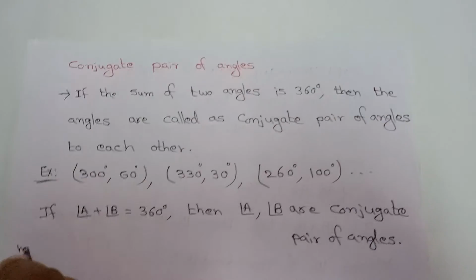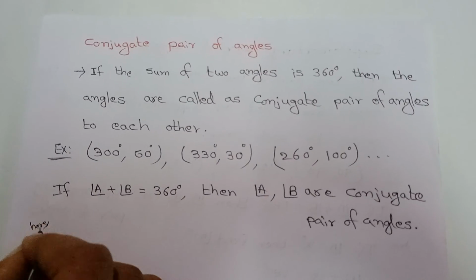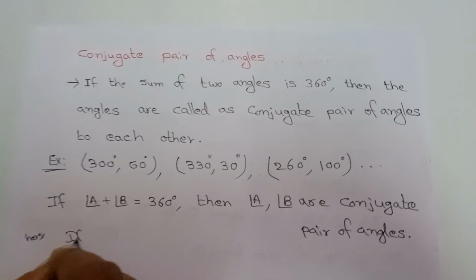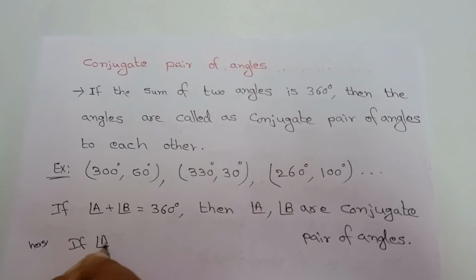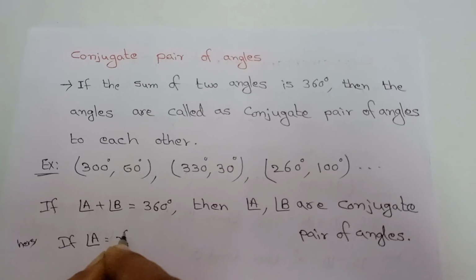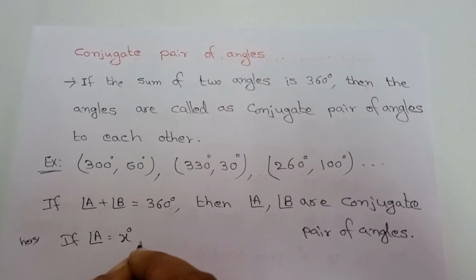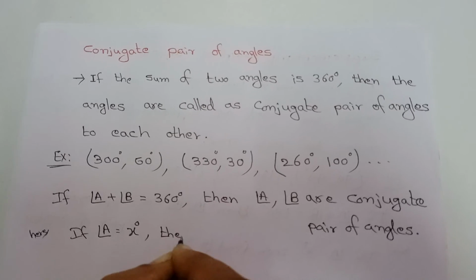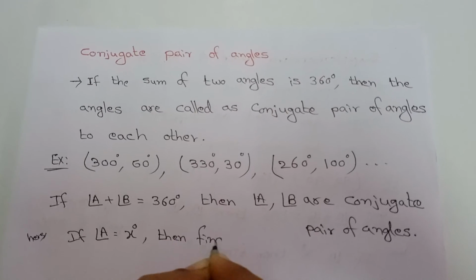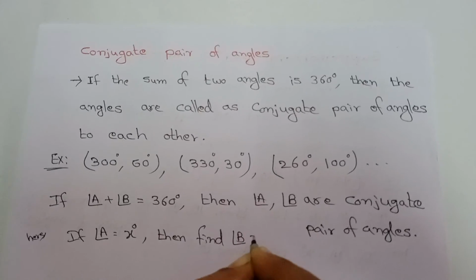Here, if angle A, we take x degrees. Angle A is equal to x degrees. Then find angle B value.